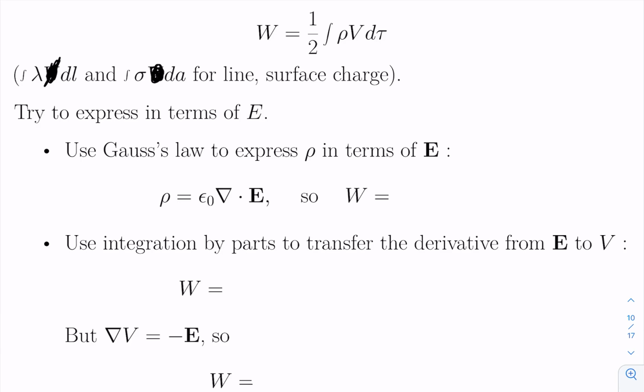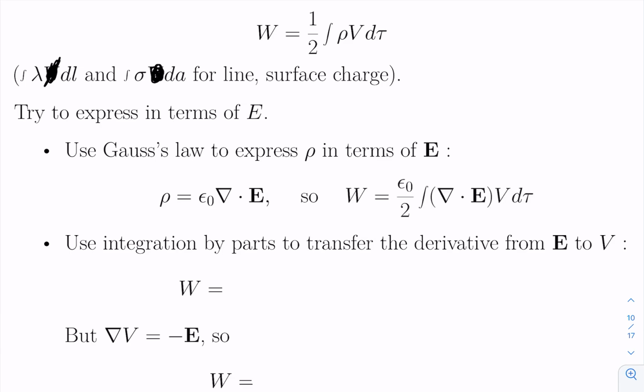So now we can also express the charge density rho in terms of the electric field using the divergence of the electric field. So really we can eliminate both terms in favor of the electric field.